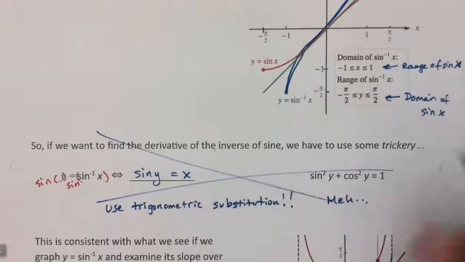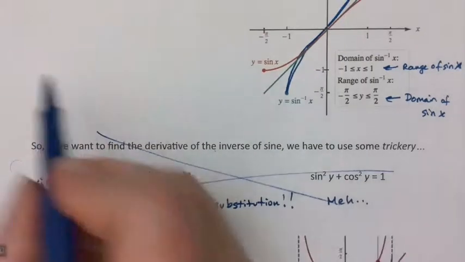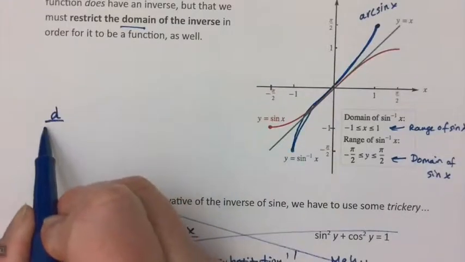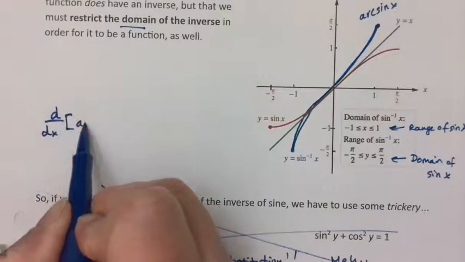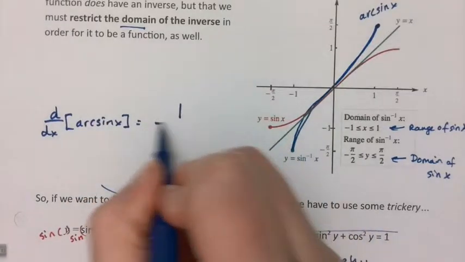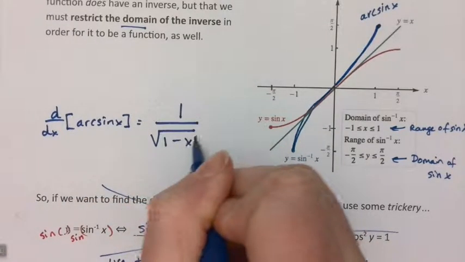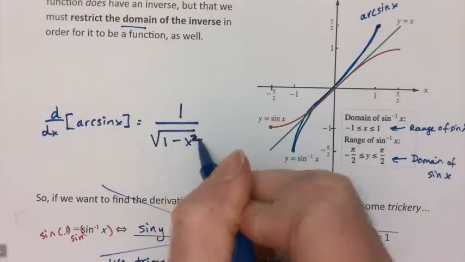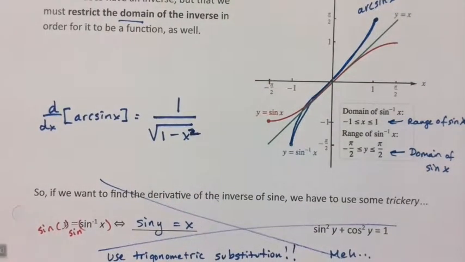The derivative with respect to x of arc sine of x is equal to 1 over the square root of 1 minus x squared. You could prove it using basically everything you know from trigonometry as well as implicit differentiation, but I'm not going to bother.